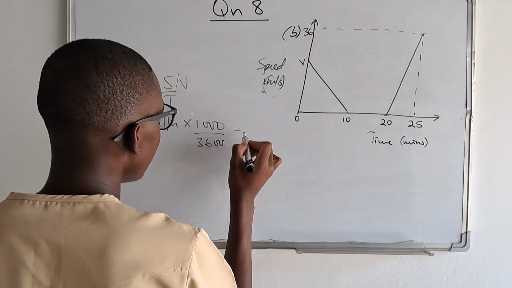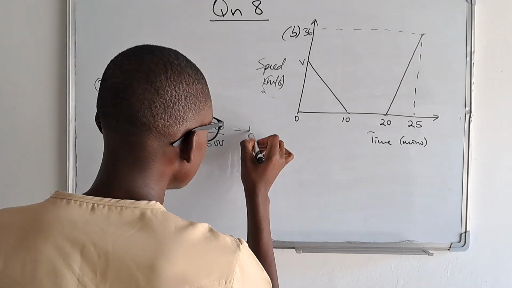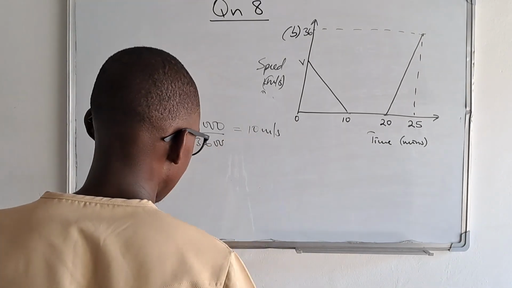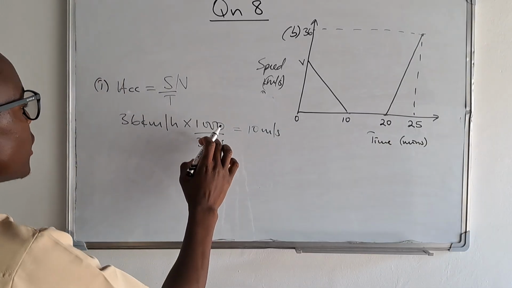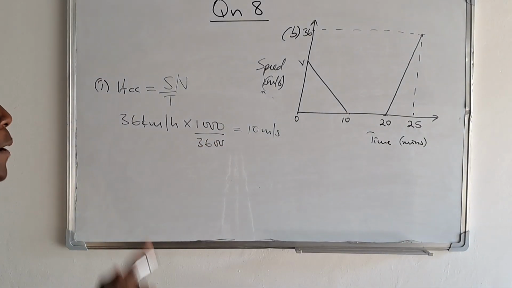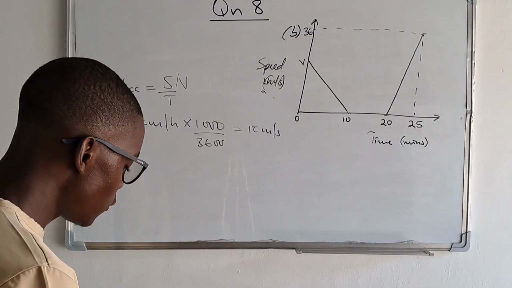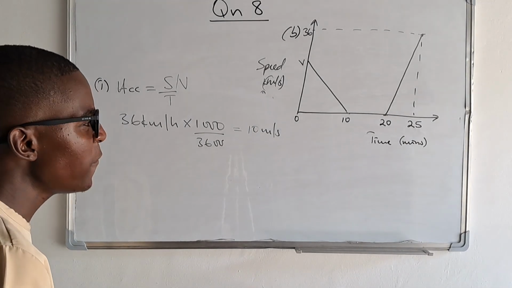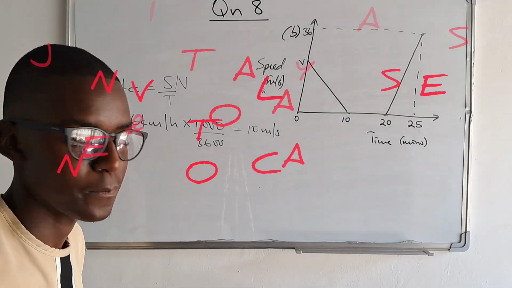Representing the seconds in an hour, you definitely get 10 meters per second. That's why I multiplied by 1000 and 3600. Make sure that you note that this question wanted to test you if you know the derivations of time.